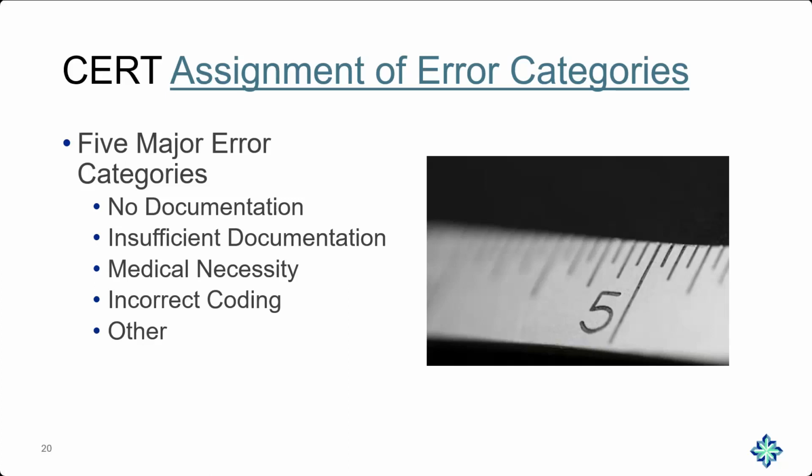Incorrect coding is the next of the 5 major error categories. And incorrect coding typically means that there was either upcoding or downcoding of the service based on the review of those medical records. So most often, for Part B services, this incorrect coding really relates to evaluation and management, or E&M services.